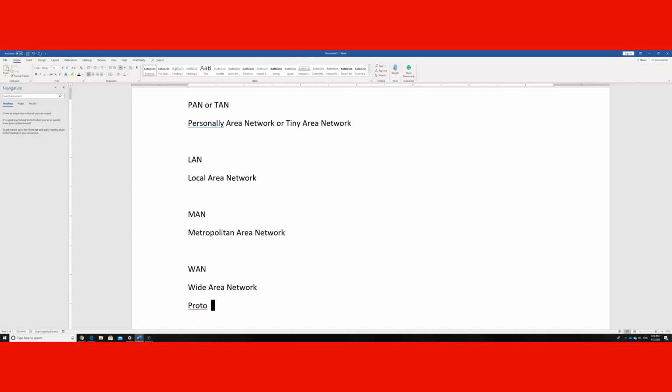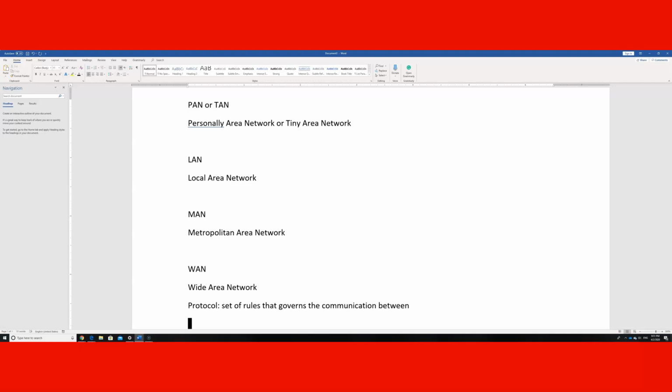A protocol is a set of rules that governs the communication between two communication devices, or two communication channels, in order to establish communication, to establish a handshake.